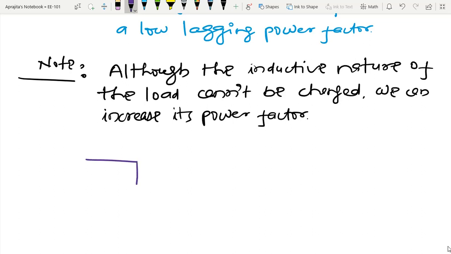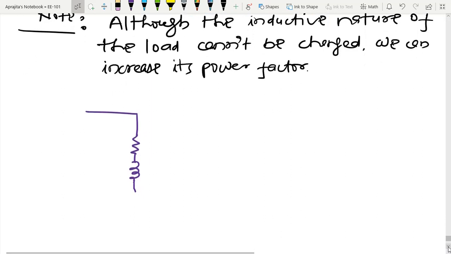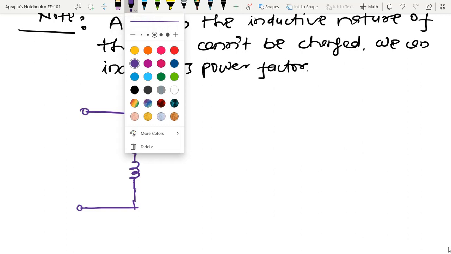So I have an inductive load, meaning I have some resistor in series with the inductor. So suppose I have this kind of load, and use some kind of sign convention.